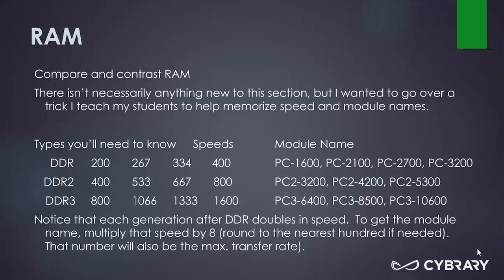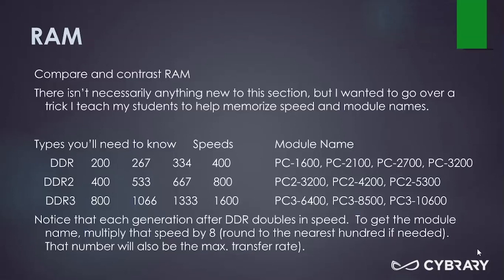That's the module name for a DDR that has a maximum speed of 200 megahertz, PC 1600. 267, you multiply that by 8, and then round down, you get PC 2100. 334, do the same thing, PC 2700, only now you're rounding up to get to 2700. And then 8 times 400 is 3200, and you can see under the module name, PC 3200 is the name associated with 400 megahertz.